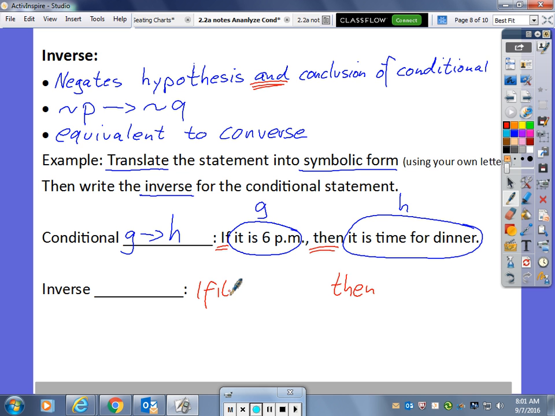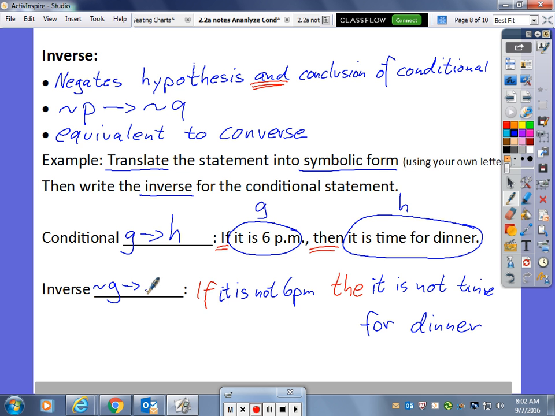If it is not 6 p.m., then it is not time for dinner. And using our squiggly line in symbolic notation, rewrite the inverse: not G arrow, not H.